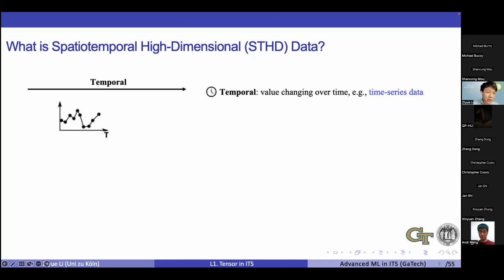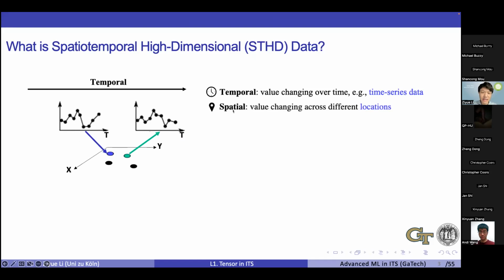But if this time series is taken from the blue location, and we switch to the green location, then the time series will behave differently. So the spatial information also plays a role in how the data behave. We call this spatial time series. So far, the spatial dimension is still a fixed location.